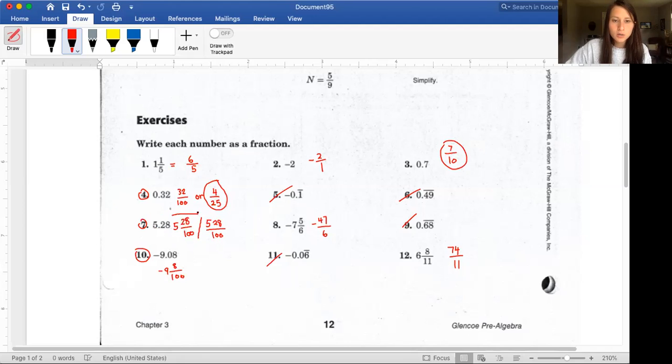So if we were to write it as a mixed number first and then simplify, we would have to simplify 28 over 100 and make this, what would this be? Divide by 4 maybe, so that would be 7, and then this would be 25. Okay, so 7 over 25, I believe.